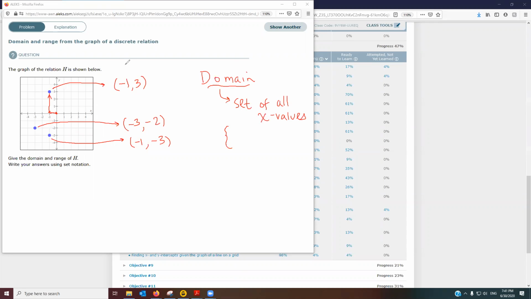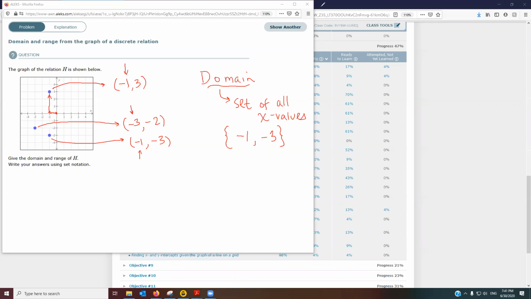Well, the x values are -1, -3, and -1. But when you write a set like this, you don't repeat elements. So I'm just going to write it as -1, -3. I wouldn't write -1 twice in a set, because in any set you only write the element one time.